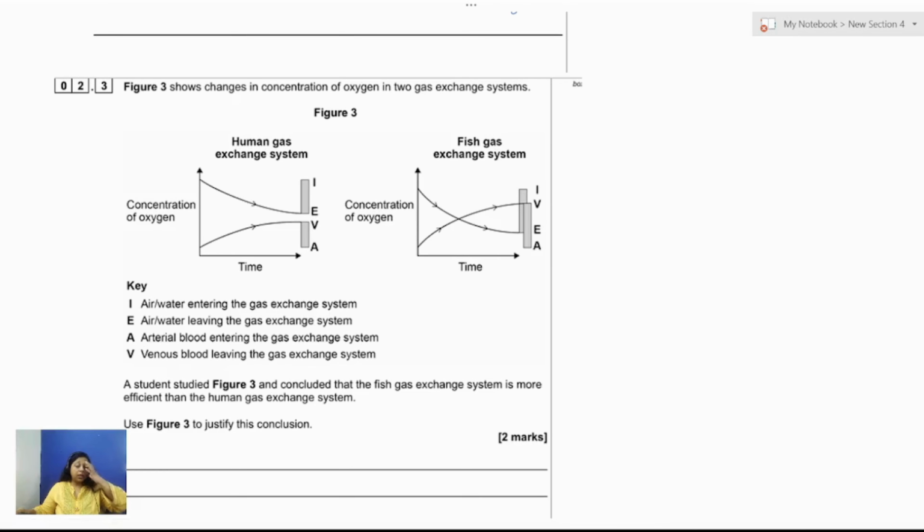The key has been given: what is I, what is E, what is A, and what is V. So A and V are straight away artery and vein. Okay, E is representing the exit, and I is representing the entry.